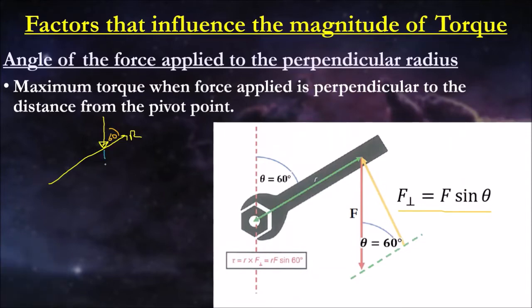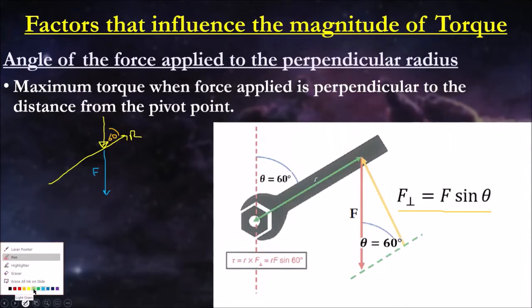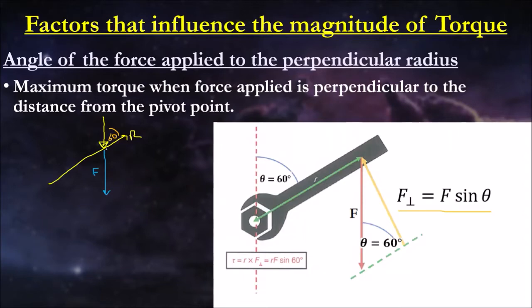So let's say we have a force vector down this way, and this is based on something we did in Module 2, where we try and resolve a force vector into its two perpendicular components. So I know that the perpendicular component of my force is this direction here. This is F perpendicular to the surface. That's the assumption I'm going to make.